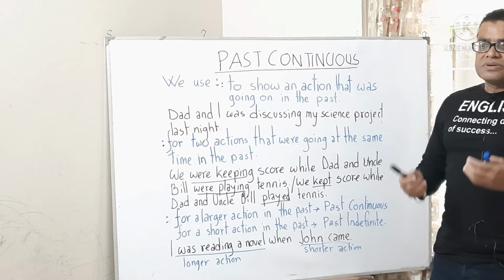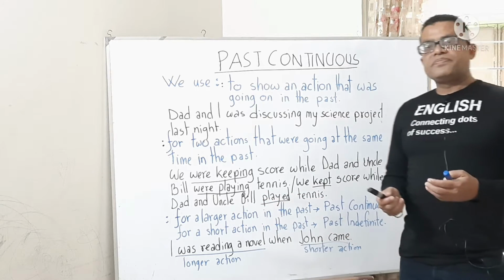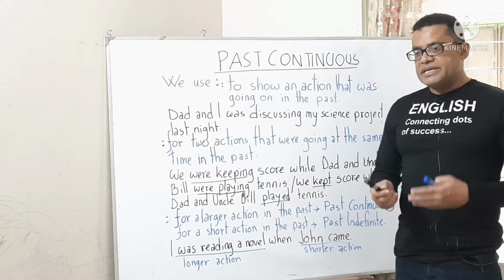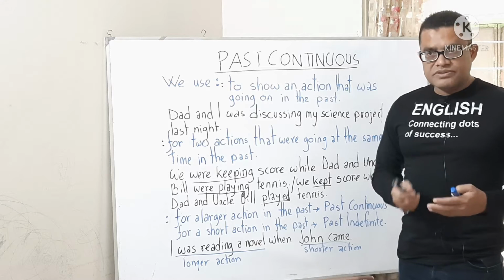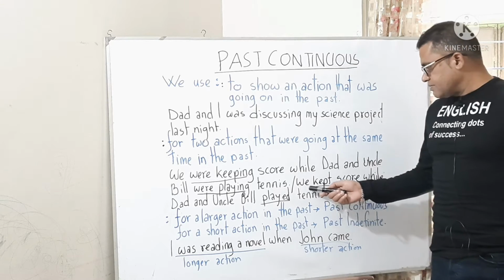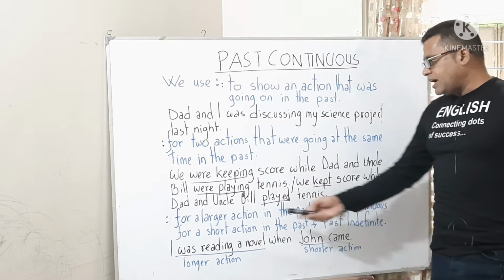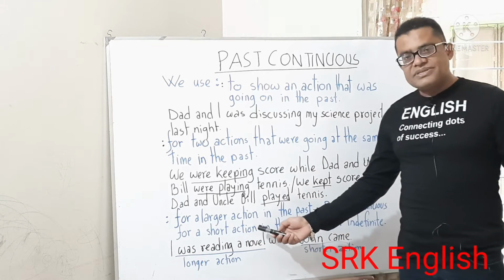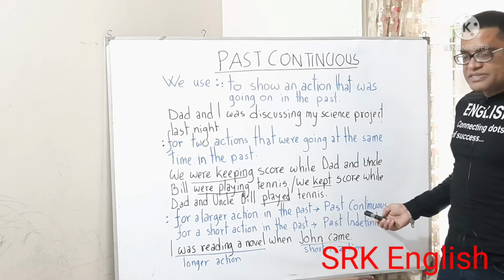It means that when two actions are taking place in the past, we can use past simple to express both the works. So we wrote here, we kept score while Dad and Uncle Bill played tennis. For a longer action in the past, we use past continuous.